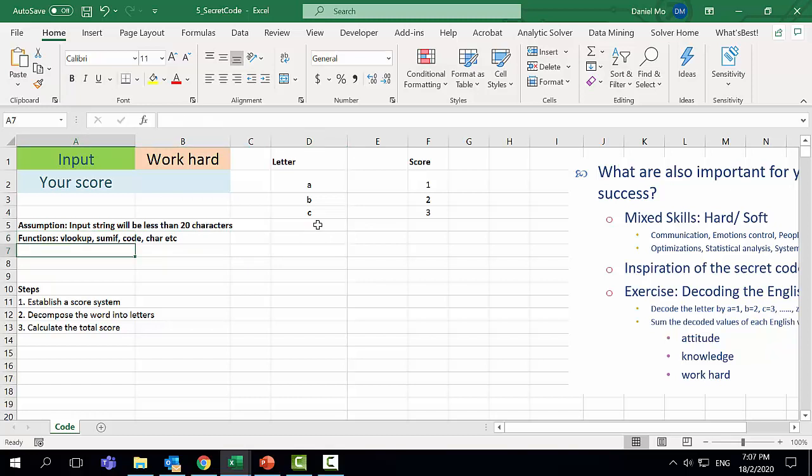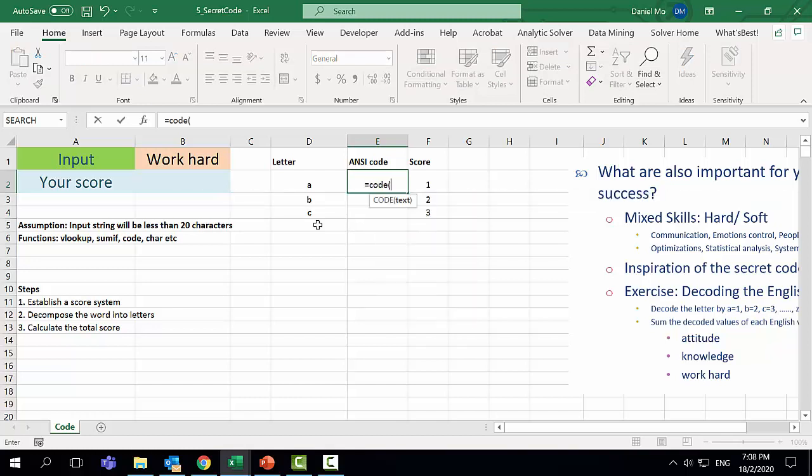Another way is to make use of some coding behind it. For the computer to understand a letter, basically it is called ASCII code. So what does this mean? A actually has a number in terms of the ASCII code, and in Excel we can use the formula CODE equals that cell, then it will provide us 97. Then we try this formula for B, then 98.